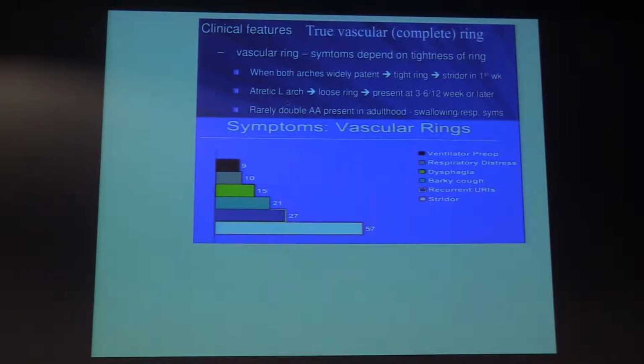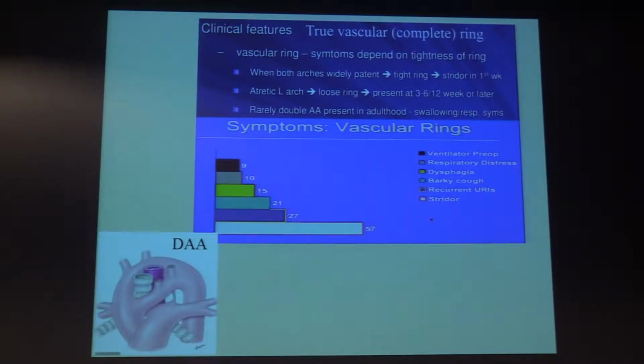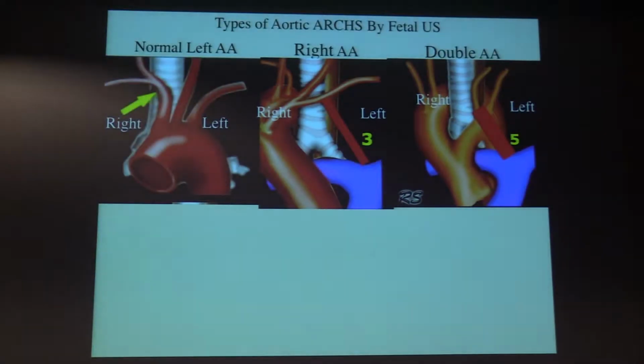Some of them can be atretic, so the symptoms appear later because there is no full ring, and rarely a double aortic arch is present in adulthood, as you can see here.